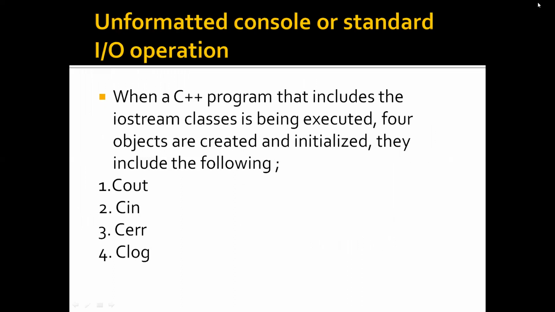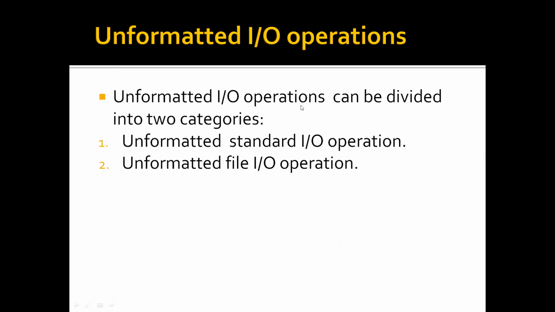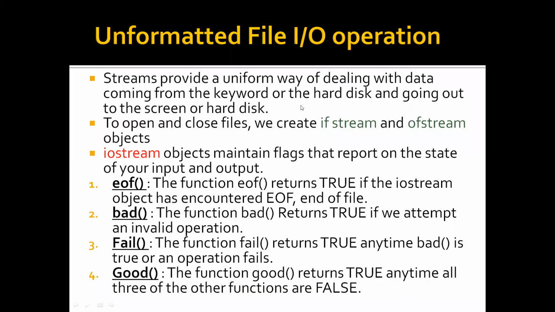the second one, unformatted file IO operation. We'll see what unformatted file IO is. Streams provide a uniform way of dealing with the data coming from the keyboard or hard disk and going out to the screen or a hard disk.